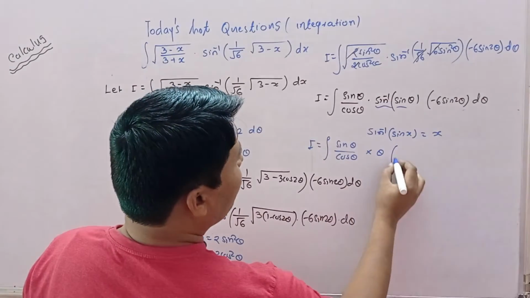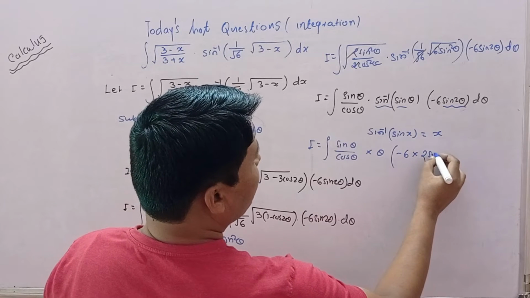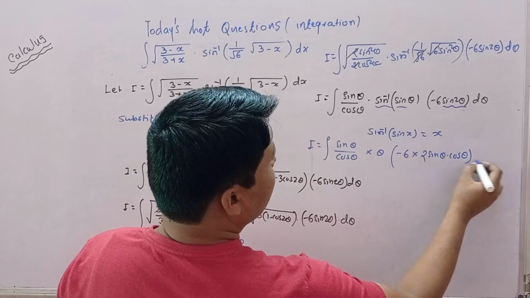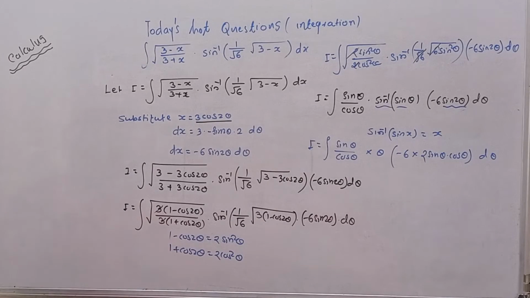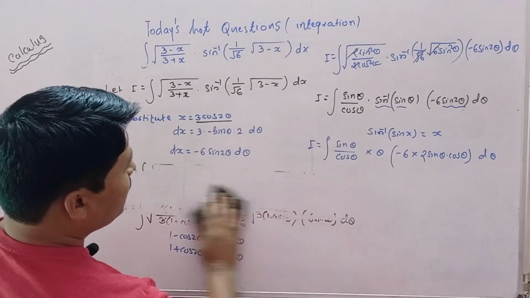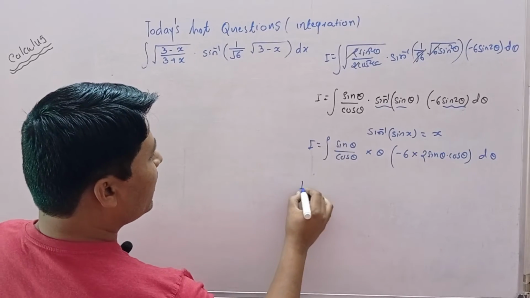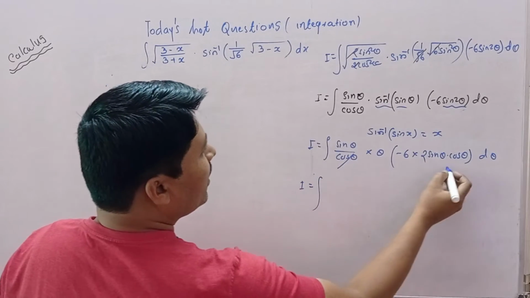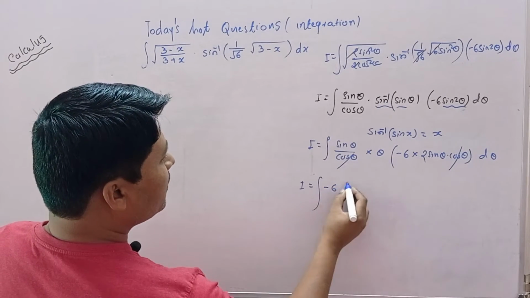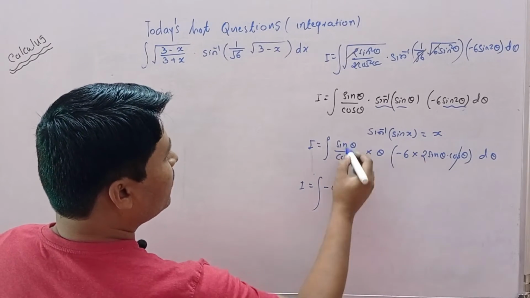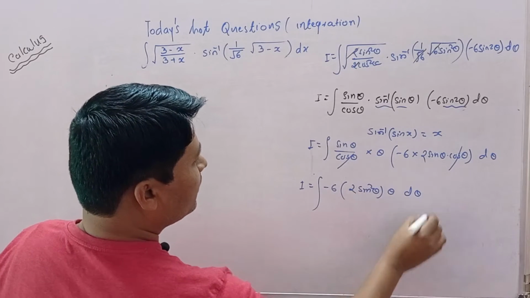And we get minus 6 into sine 2 theta, where we know that sine 2 theta is 2 sine theta cos theta, these are the related formulas. Simplifying this integral, we get I is equal to the integration where cos theta and cos theta get cancelled, and we get minus 6 into 2 sine theta into sine theta, this is sine square theta, and this is theta d theta.